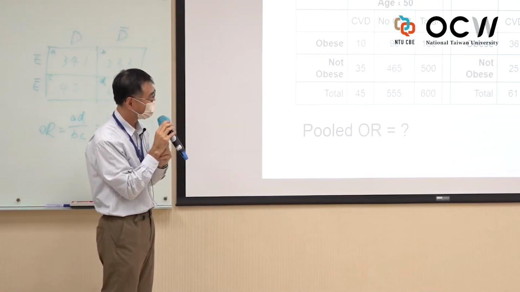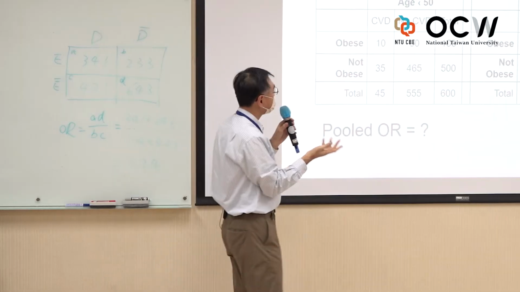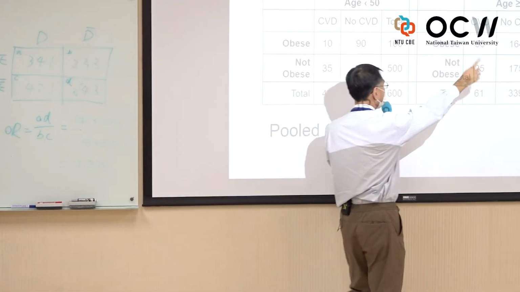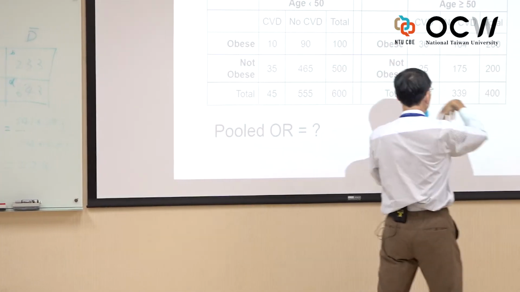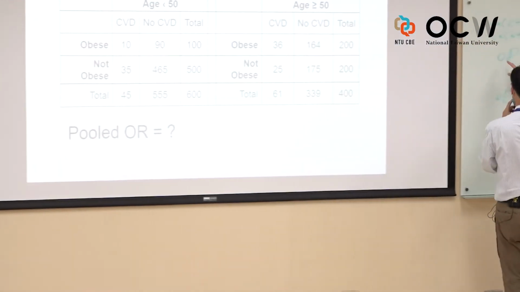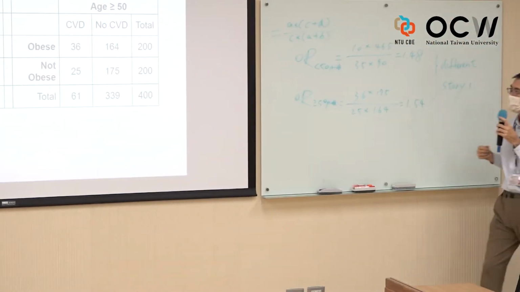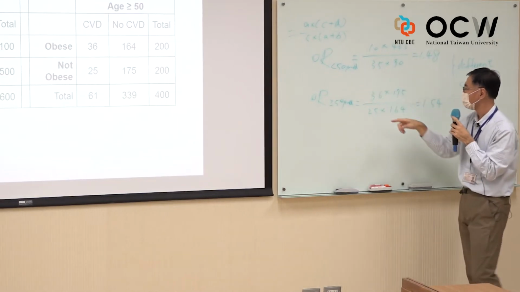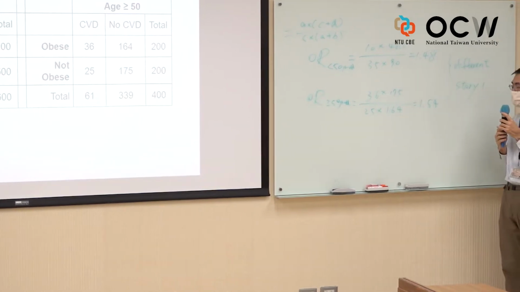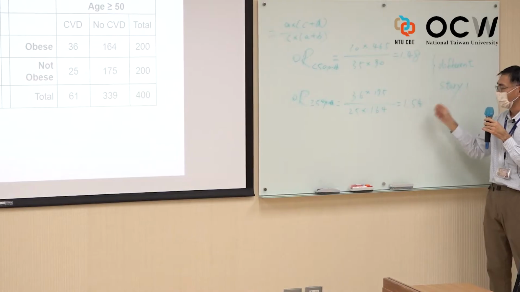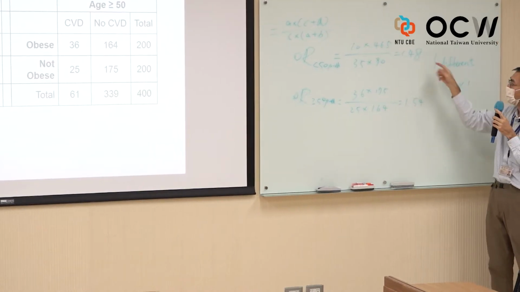And people might ask, since we have two 2x2 tables, why don't we just do AD over BC here? For odds ratio younger than 50, you will get 1.48. And the other one, AD over BC, you will get 1.54. Sorry, 1.54 and 1.58.